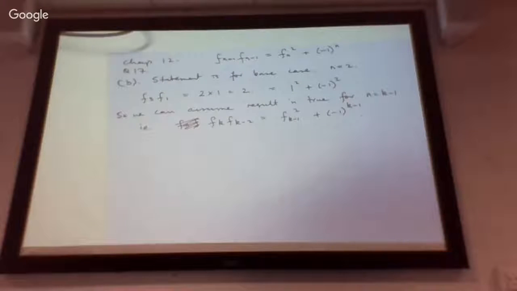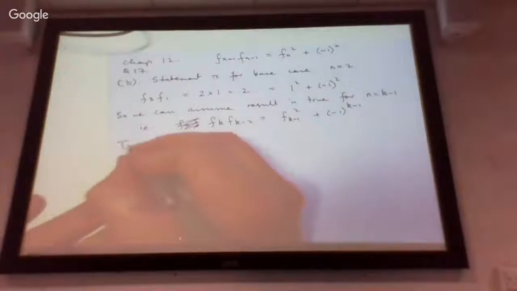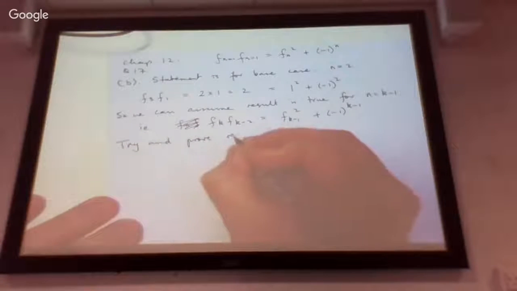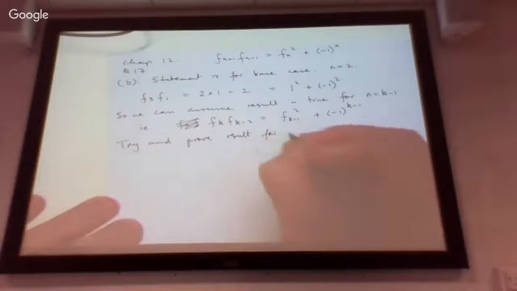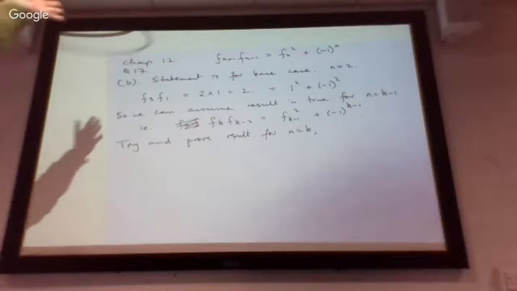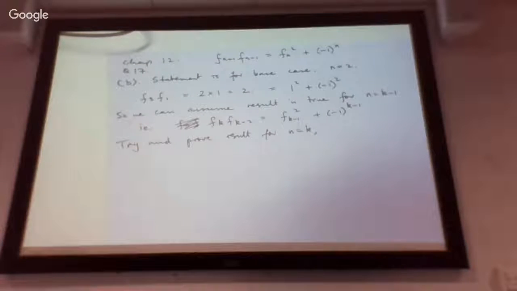I'm allowed to use that fact in the coming argument. So now try and prove the result for n equals k. All these induction proofs take the same kind of format. Now it's an equation we have to prove, so I'm just going to do it directly. I'm going to start with the left-hand side and try and work my way to the right-hand side.